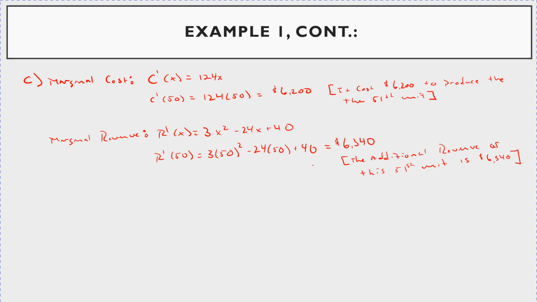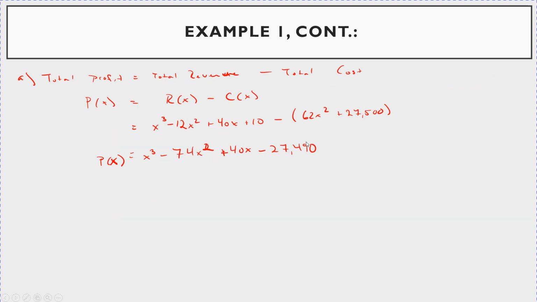Okay, and look, you can see the marginal profit. You could just subtract, and you'll get 140. But let's actually do it with the function. So the marginal profit is the first derivative of the profit function. So going back here, you're going to take the first derivative of this.